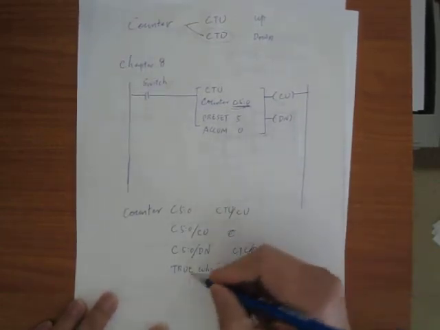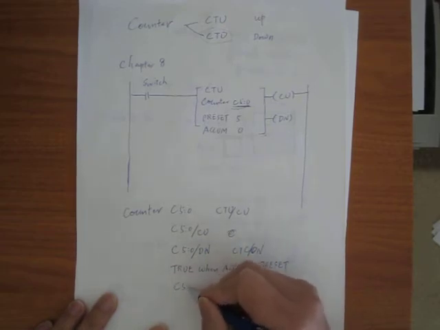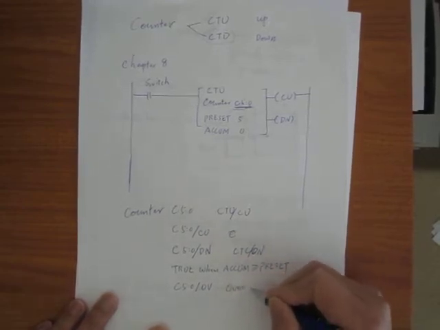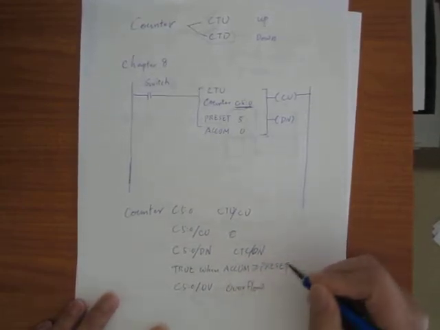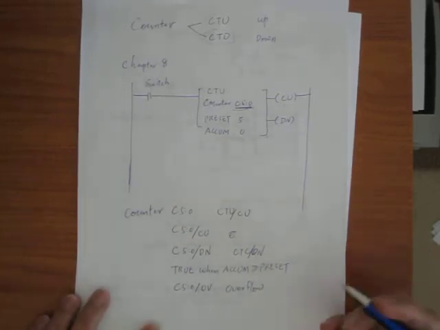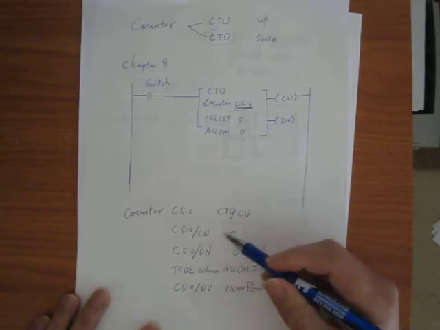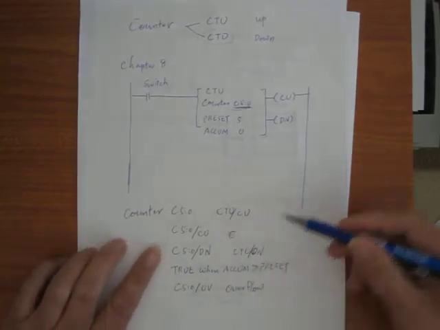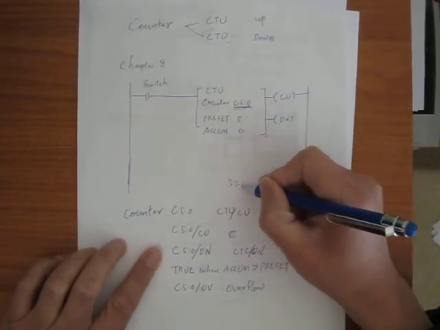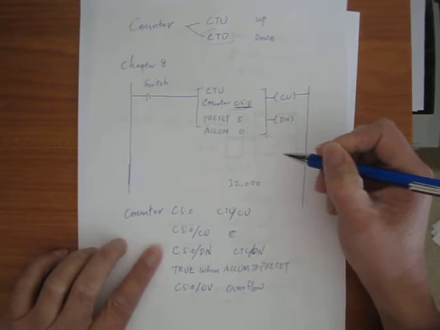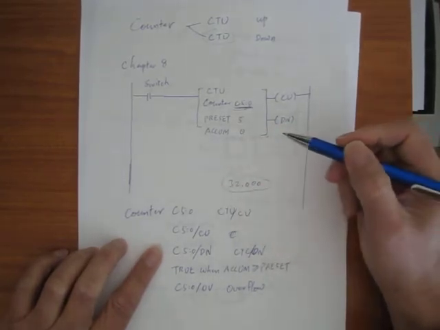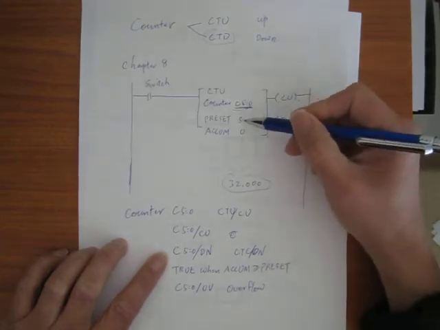And then there's another one. This one we don't use very often. It's called OV, overflow. Especially in older versions of PLC, the preset has a number that you cannot go over, let's say 32,000. You cannot go over that. So the preset has to be less than this number in older versions of PLC.